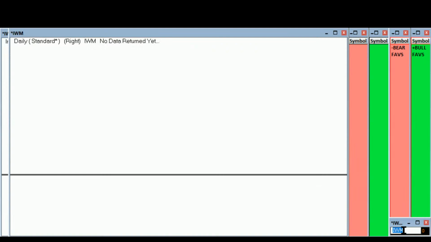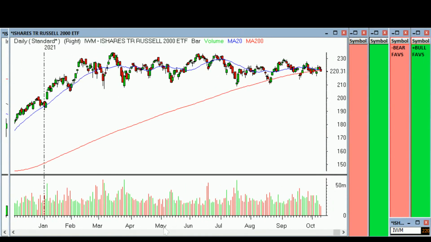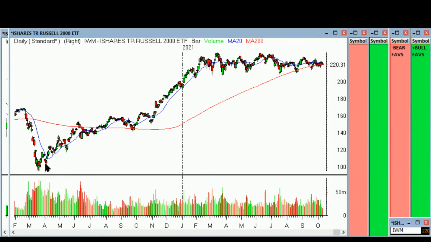IWM has been on its own page the whole year, been sideways. And normally, basing after a big move up, basing at the top would be considered very, very bullish, because stocks can correct either through time by going sideways or through price by pulling back.